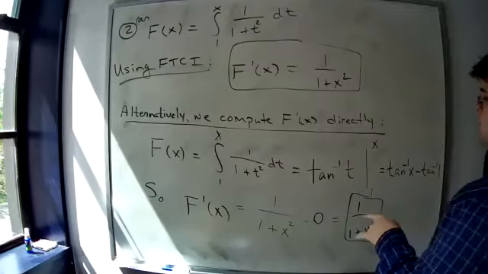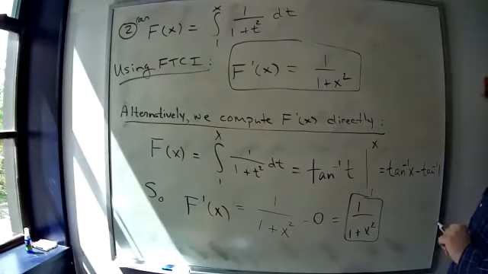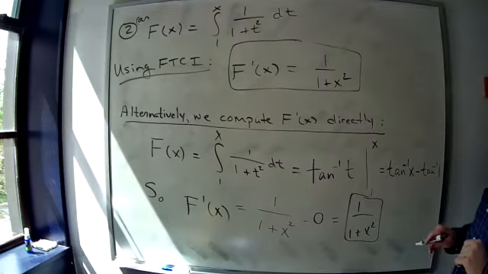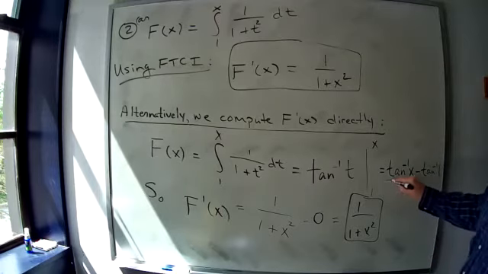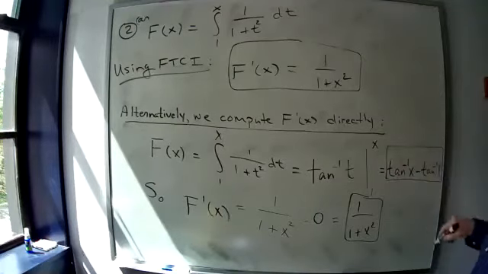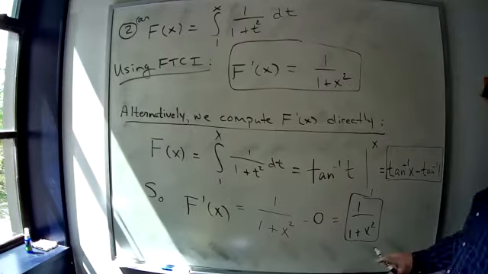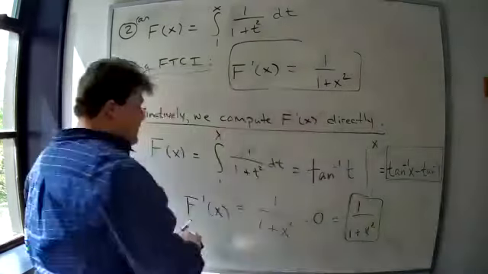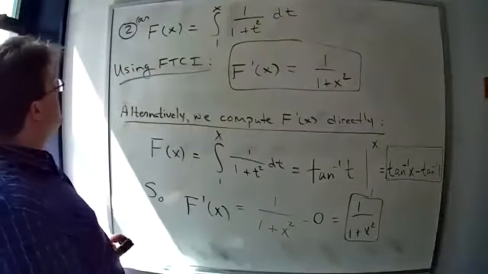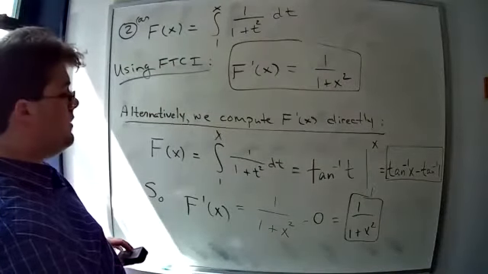The first way or the second way? The second way, after you found the derivative. You didn't need to substitute. All we need to do is find the derivative of this function. Oh, cool. Any other questions about part A?